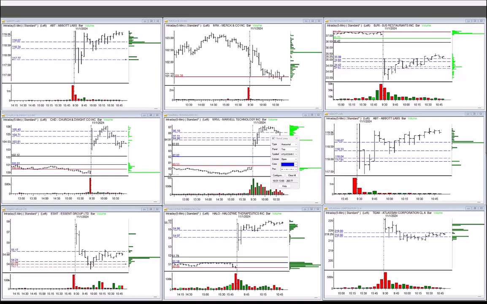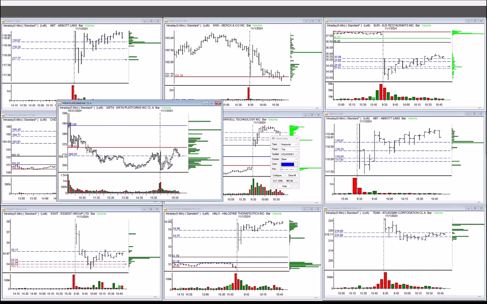And then we had Meta and Tesla this morning. These were right out of the gate. So we talked about this at the opening bell. I said Meta's up above and coming back down. So we had the actual levels on Meta.